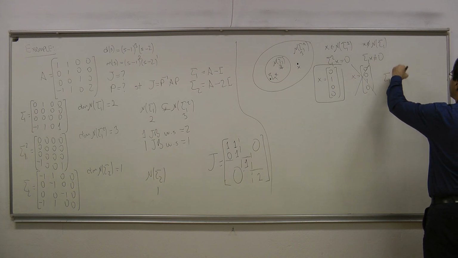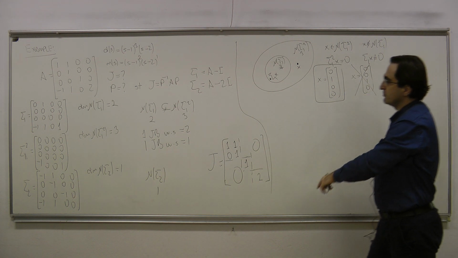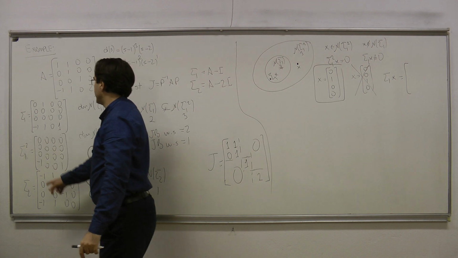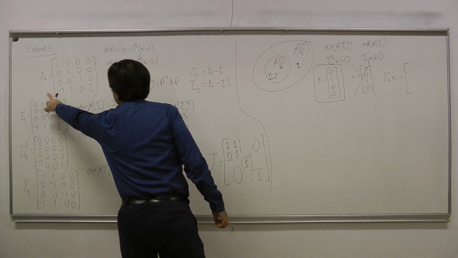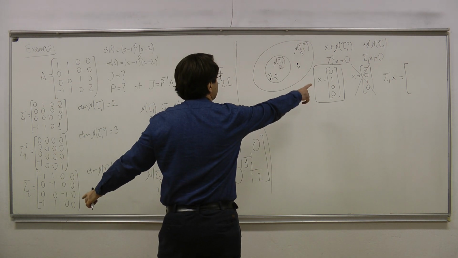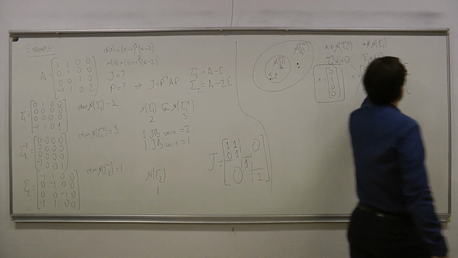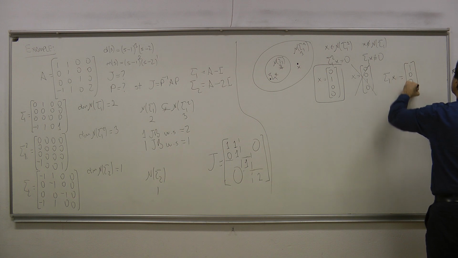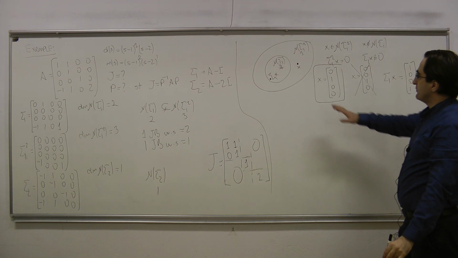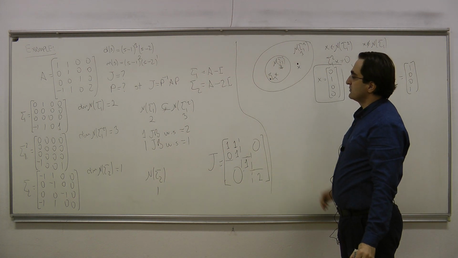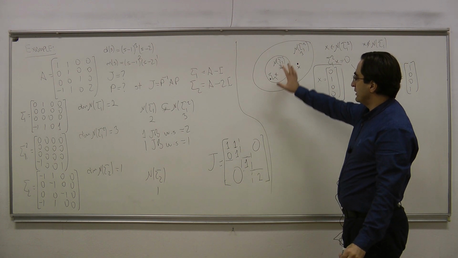So sigma 1x is sigma 1 times this vector, so I would have this matrix times that x vector, and it's going to give me 1, 0, 0, 1. And I know that this vector is in the eigenspace, it is non-zero. That means that it should be an eigenvector.